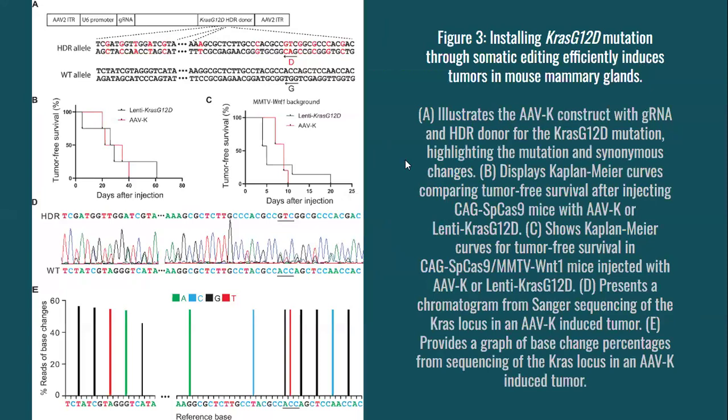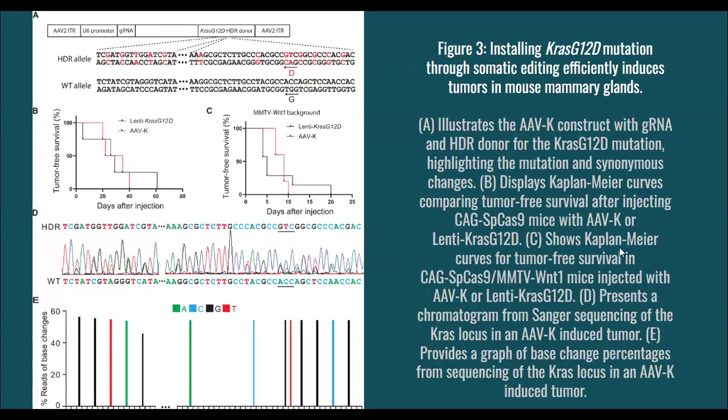So here, in figure 3, you can see it's about installing the KRAS G12D mutation through somatic editing efficiency, and that actually induced tumors in mouse mammary glands.